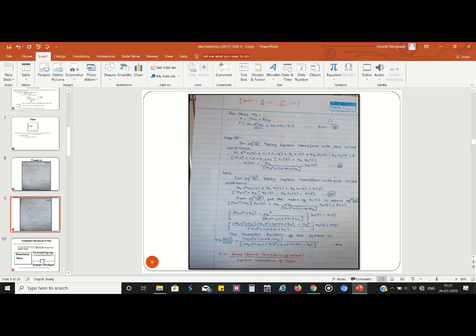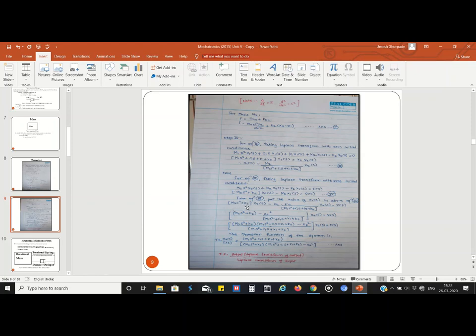Now we take the Laplace transform of equation number 2 with zero initial conditions. m2 s square X2(s) plus k2 X2(s) minus k2 X1(s) is equal to F(s). Here s square is nothing but d square upon dt square. So we again simplify this equation, taking X2 terms and X1 terms separately, putting the value of X1(s) from equation 3.